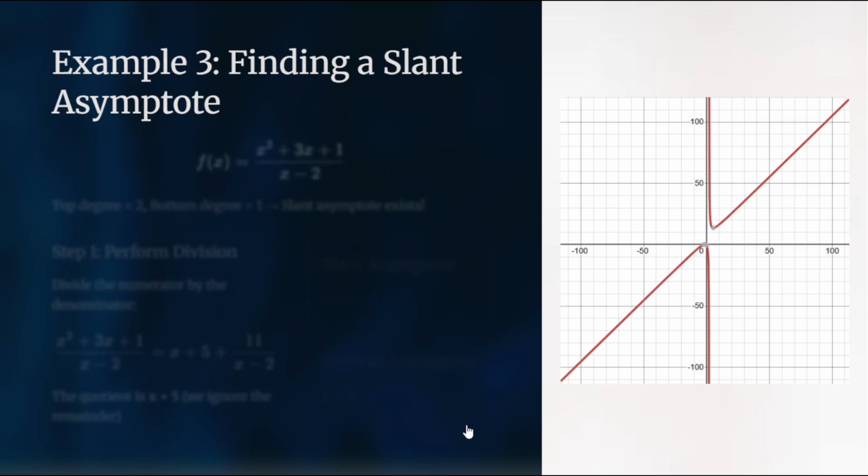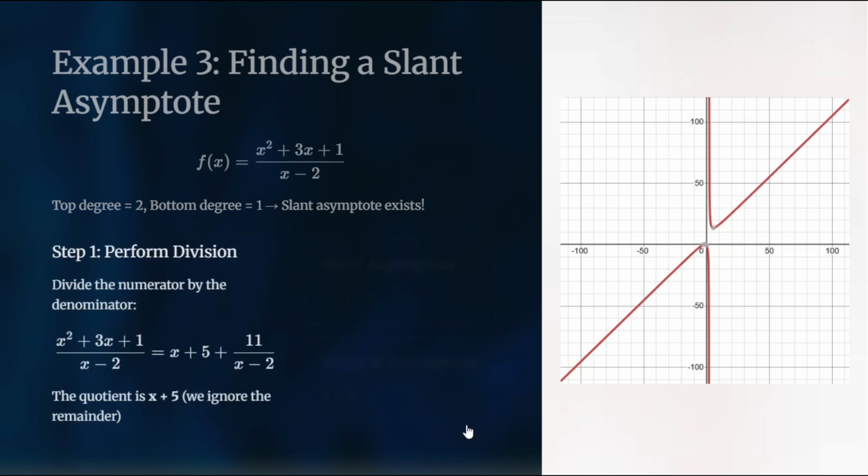Looking at this example, f of x equals x squared plus 3x plus 1 divided by x minus 2. The degree of the numerator is 2, that is a quadratic, and the degree of the denominator is 1. Therefore, I know that I will have a slant asymptote.